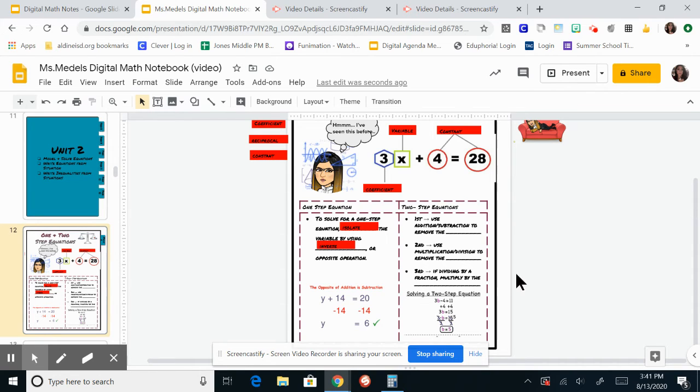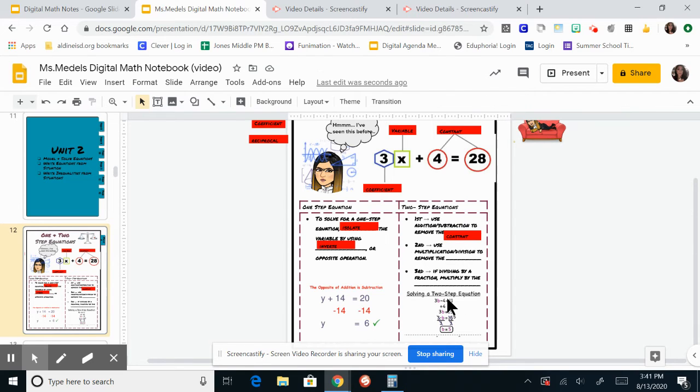Okay, now a two-step equation is exactly what the name means, and it's only going to take you 2 steps to solve. So your first step is going to use addition or subtraction to remove the constant. Okay, we're putting the constants on one side and we're putting the variable on the other side.